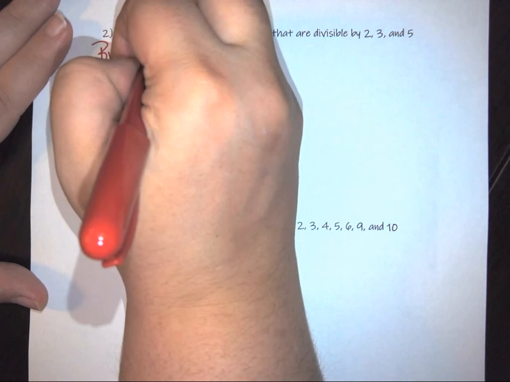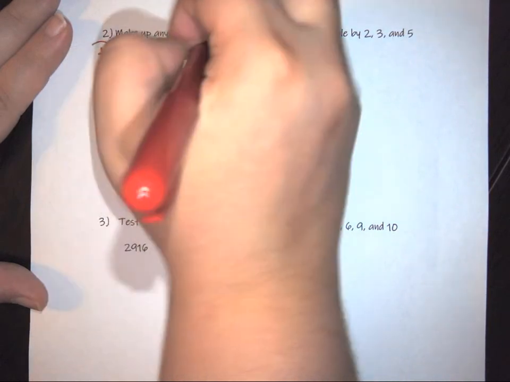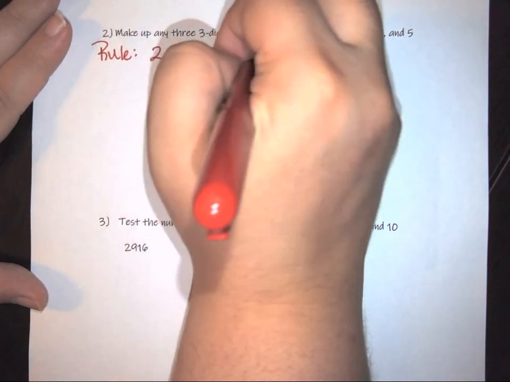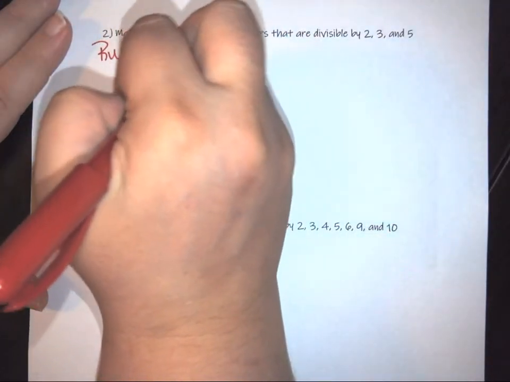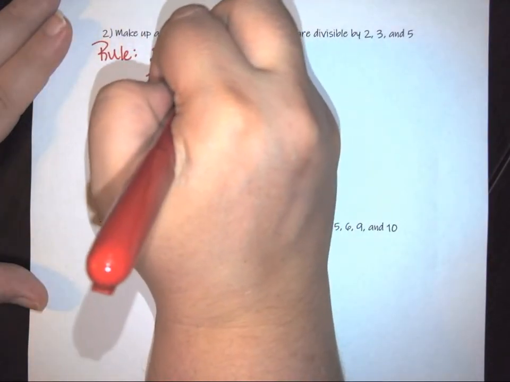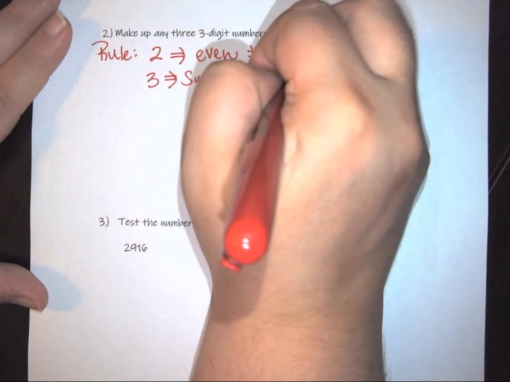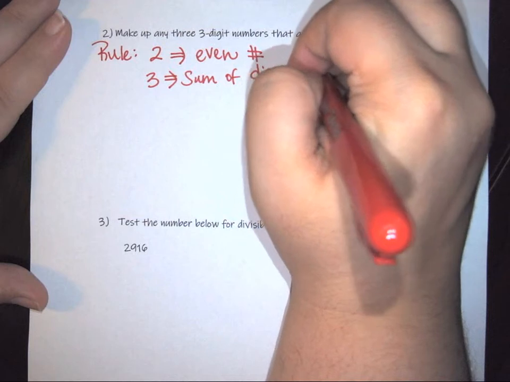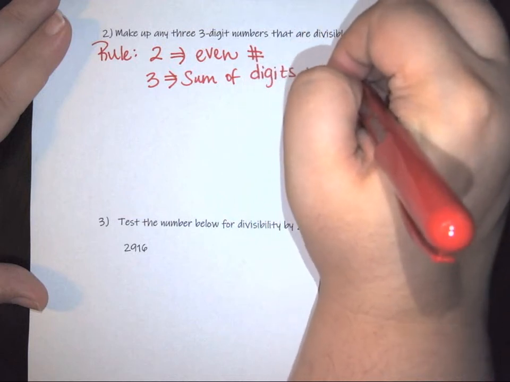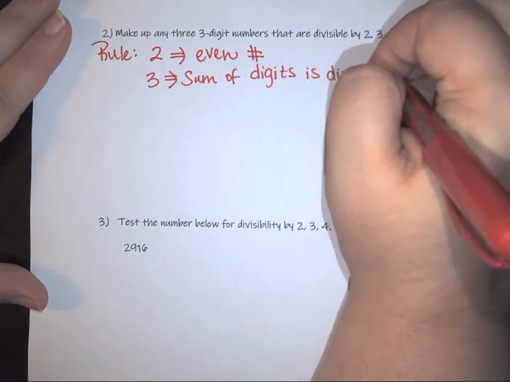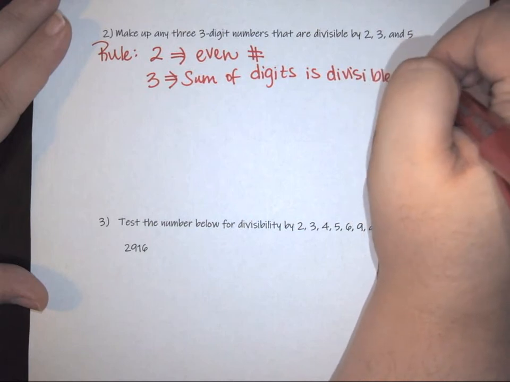So when I'm talking about 2, I am talking about even numbers. When I am talking about 3, I am talking about the sum of my digits is divisible by 3.